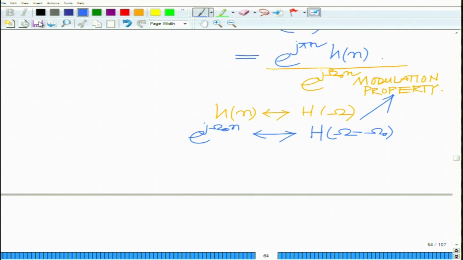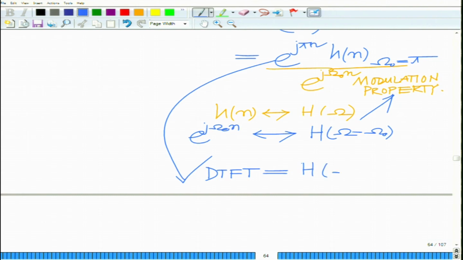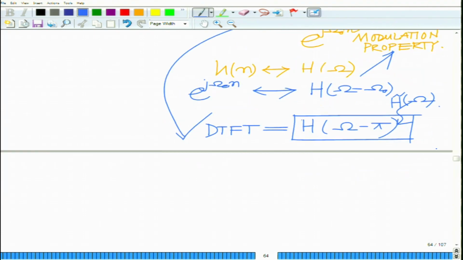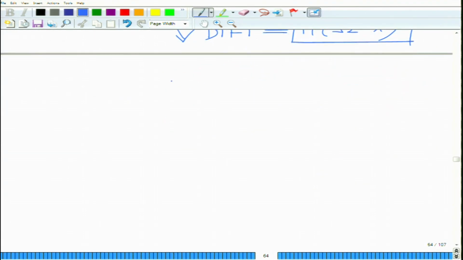So, which means e raised to j pi n times h[n] has DTFT H of omega minus omega naught. So, here omega naught equals pi. So, DTFT will be H of omega minus pi, okay, and that is your H tilde of omega, corresponding to minus 1 raised to n times h[n].